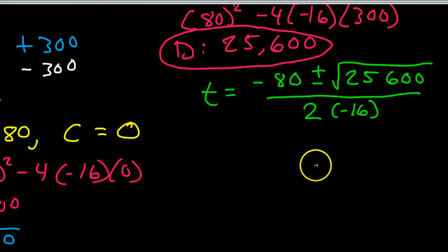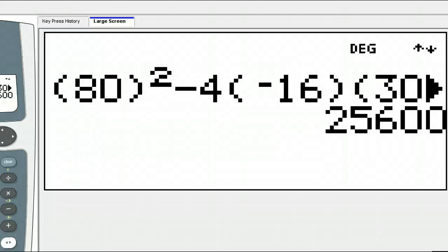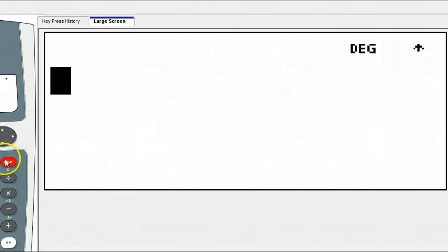Okay, so let's type this into our calculator. Plus or minus will give us two different values. So we'll type it in once with a plus, and again with a minus. Oh no, I'm going to hit clear. Okay, start off in fraction mode.